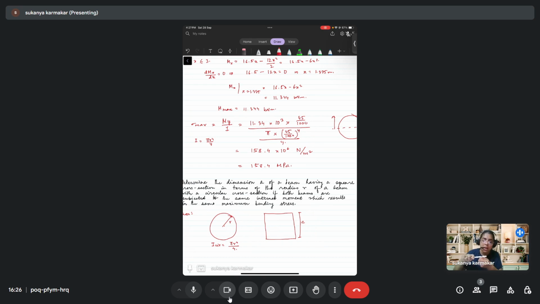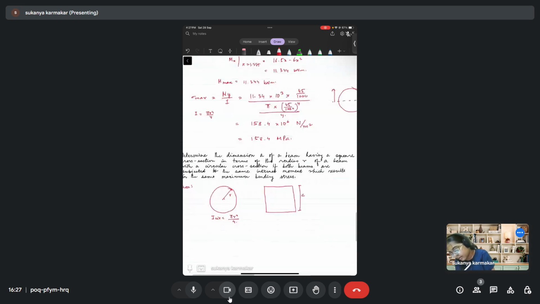Here you are applying a bending moment, so the moment of inertia is about the y-axis, which for a circular section is pi r to the power 4 by 4. And for a square, the moment of inertia is a to the power 4 by 12.